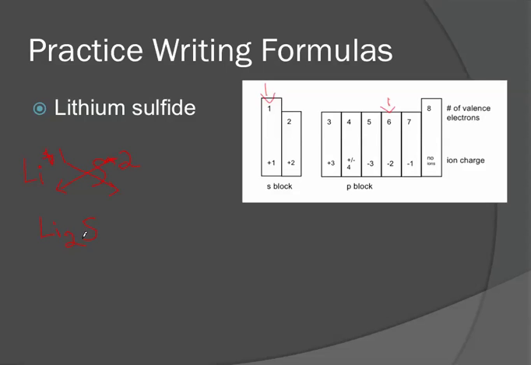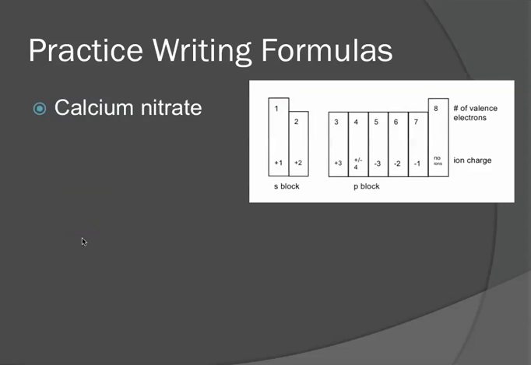Let's do another practice example. You might want to pause the video and see if you get the same answer before I write it down. Let's look at calcium nitrate. Now, first of all, some of you might already have noticed. Remember, if it's a nonmetal, what are we going to do to the ending? We're always going to change it to IDE.